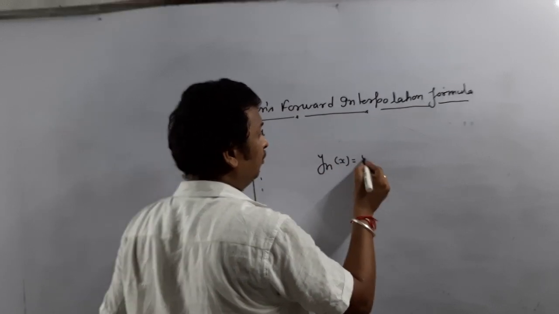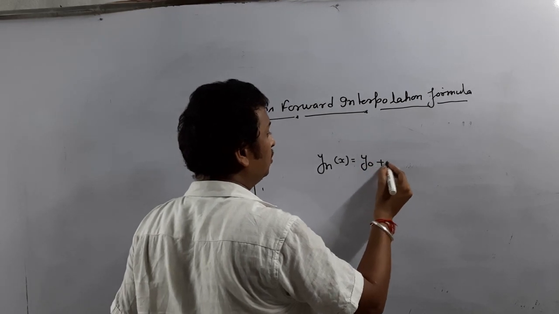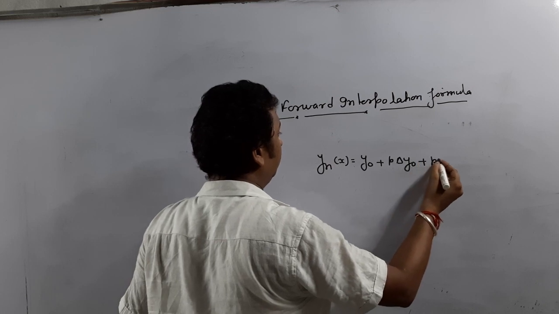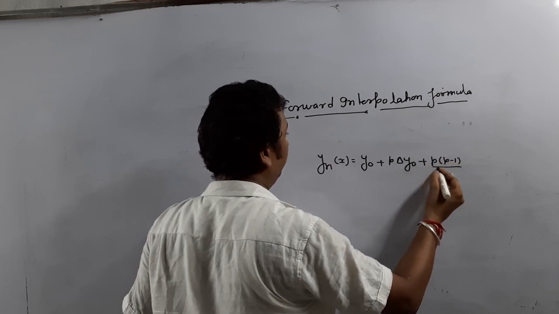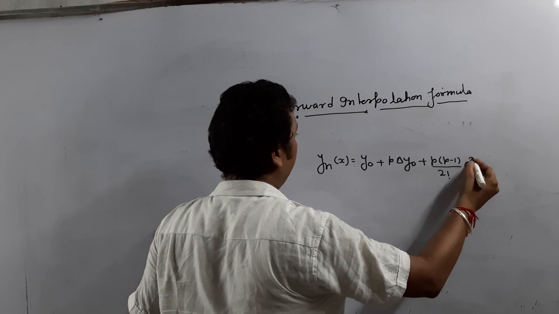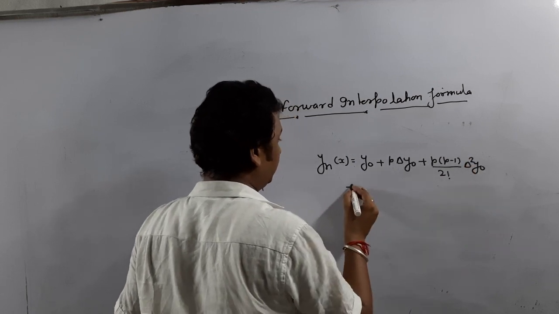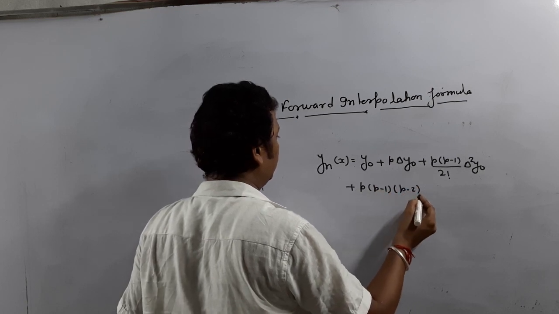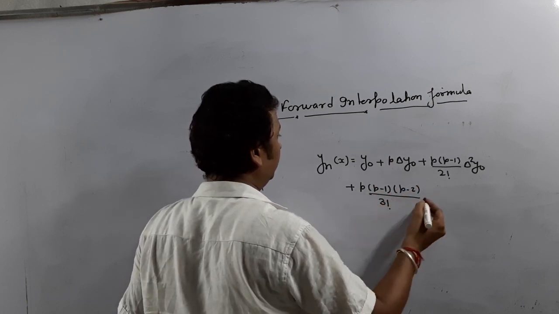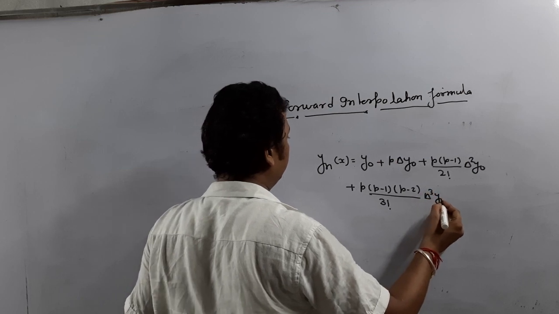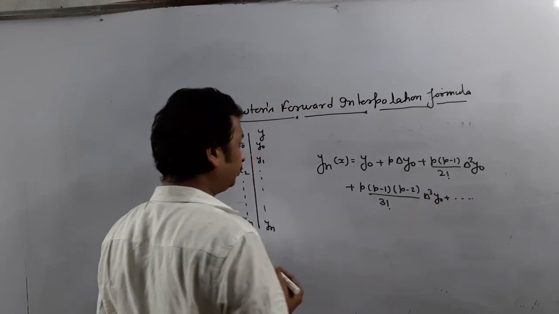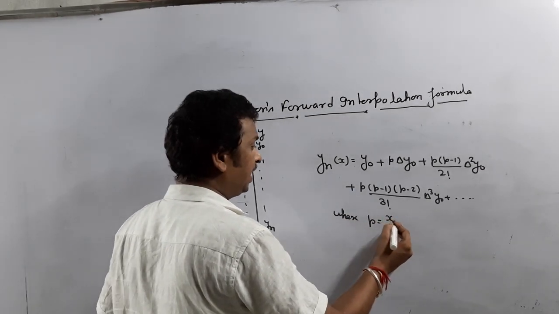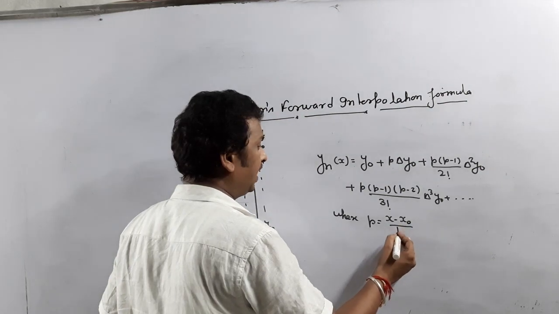What is the value? y of x is y0 plus p del y0 plus p(p minus 1) upon factorial 2 del square y0 plus p(p minus 1)(p minus 2) upon 3 factorial del cube y0 and so on, where p is (x minus x0) upon h.